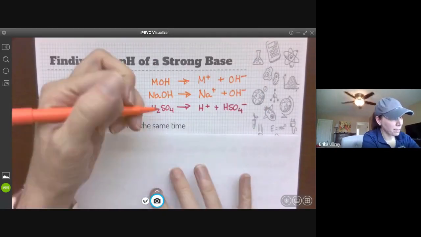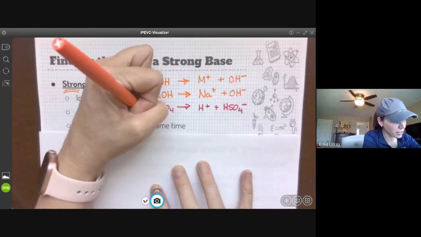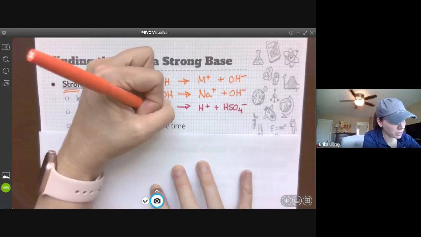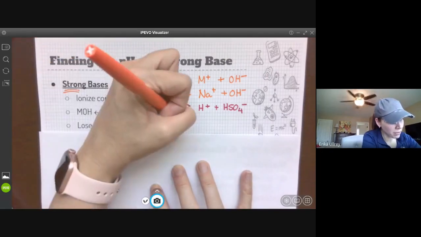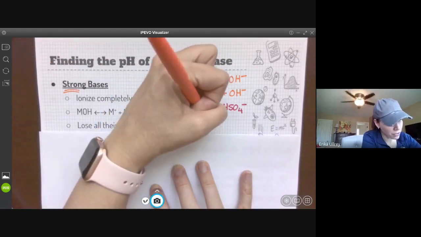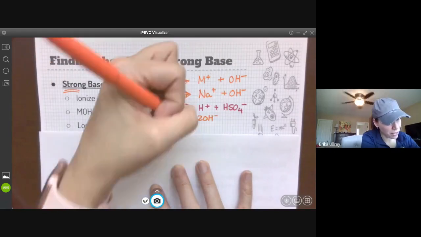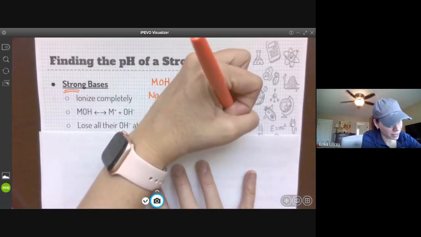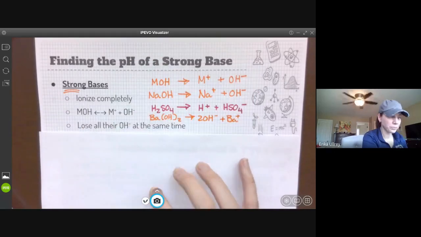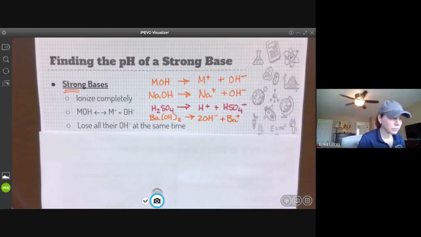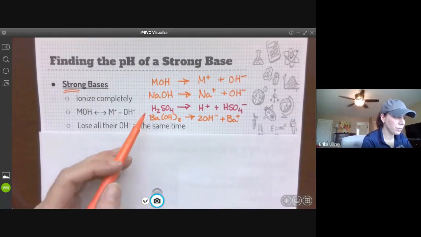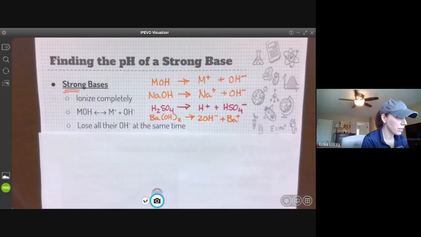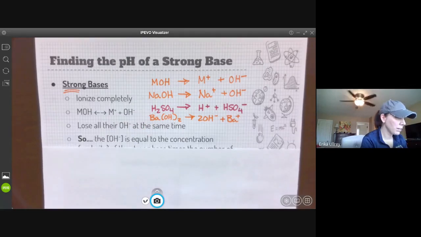When we look at a base, for example barium hydroxide, Ba(OH)2, both of those hydroxide ions are going to hop off at the same time, leaving our metal ion by itself. That's the difference between what acids do and bases do. They lose all their OH at the same time.